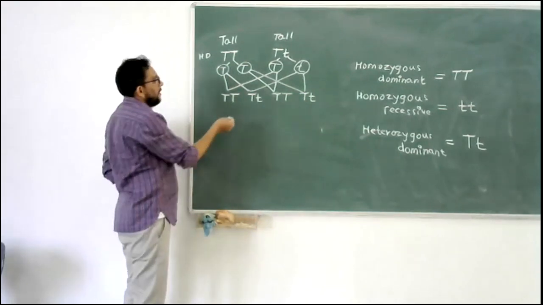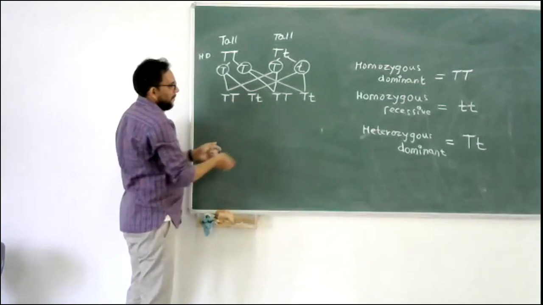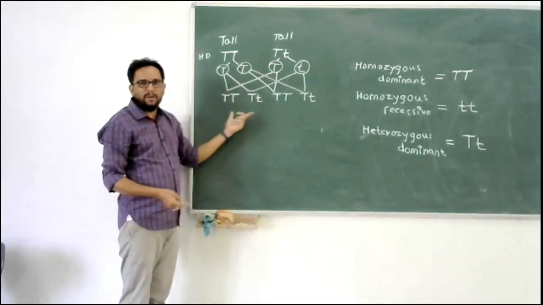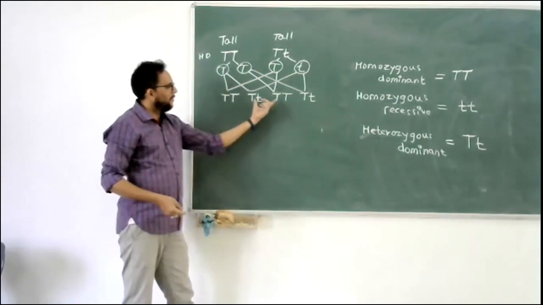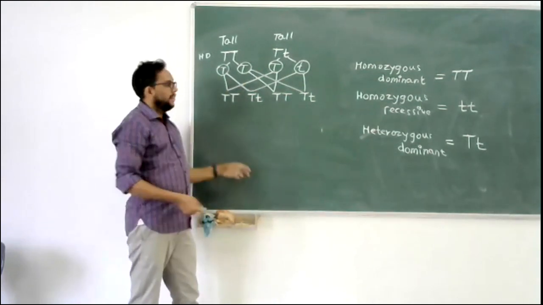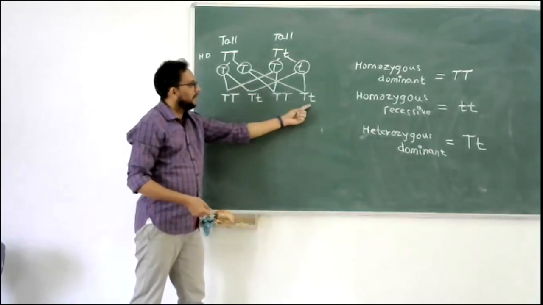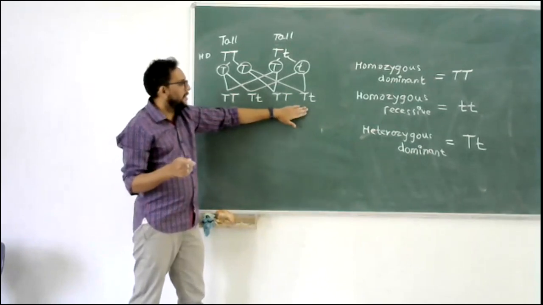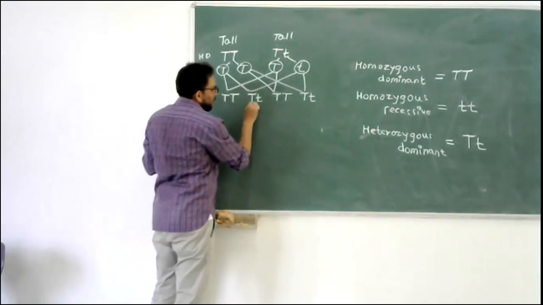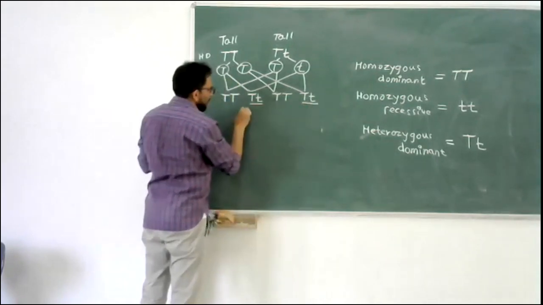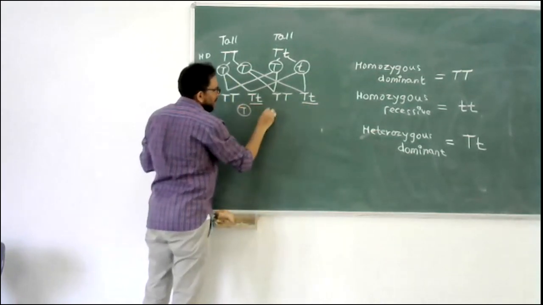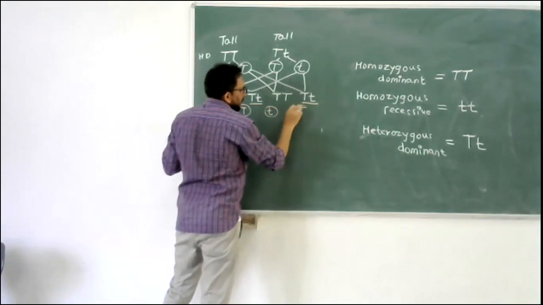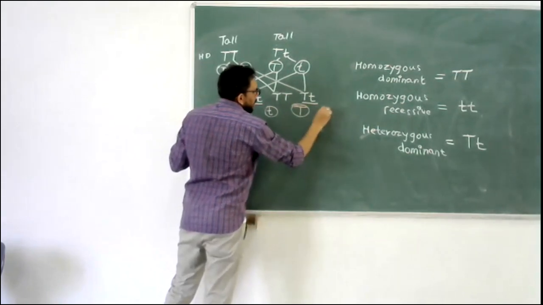Now, if we make crosses of this further, either we can cross these two, which is the same as the parents, so we should get the same individuals again. If they are these two, again it's the same case. If these are these two, that case will be different, like our F2 generation cross. In the earlier case, let's say we cross this. It will form capital T as one gamete, small t as one gamete. This will form capital T as one gamete and small t as one gamete.